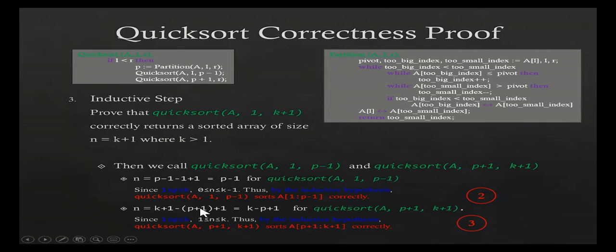And after executing the quicksort on the elements to the right side of the pivot, it also correctly returns a sorted array.